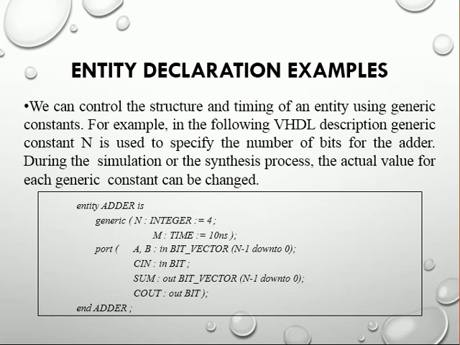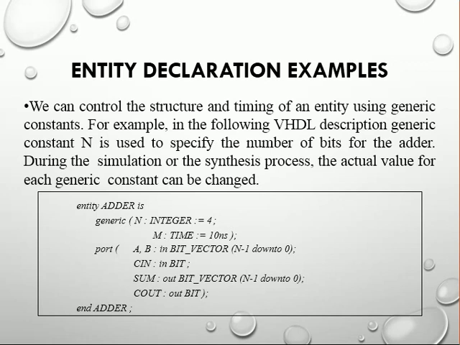Here these generic constants are declared before the port declaration, as these are globally visible to all the ports, so we are declaring them before the port. Now let us take the example of an n-bit full adder.